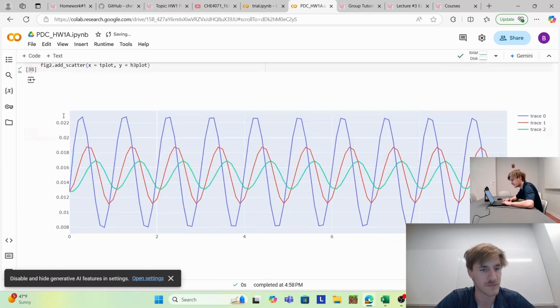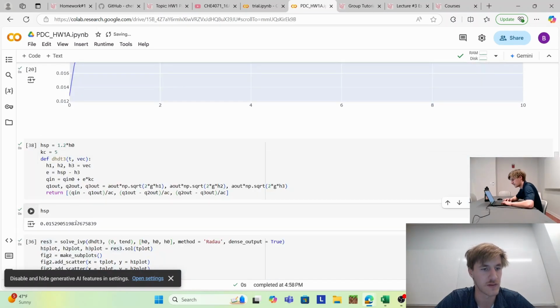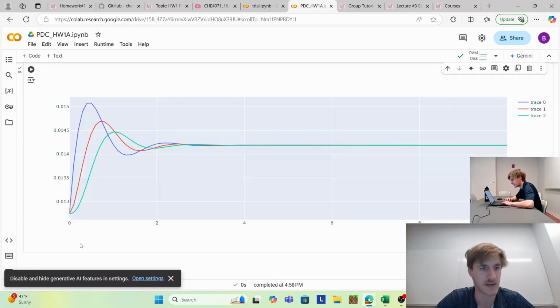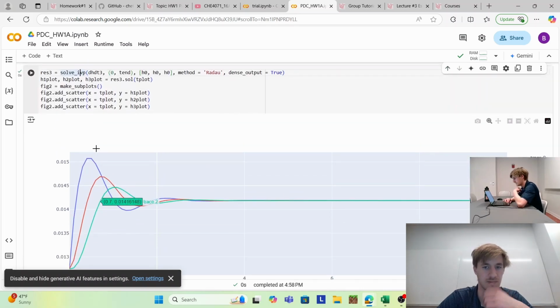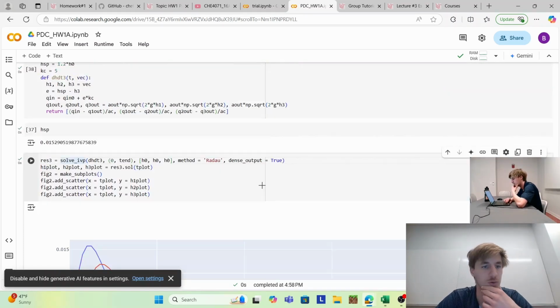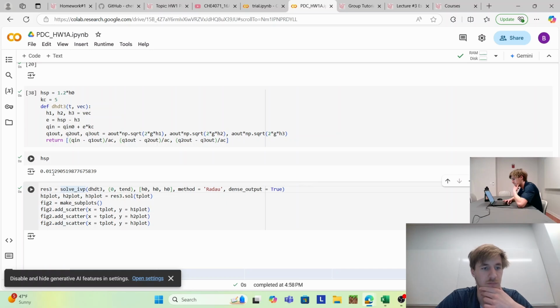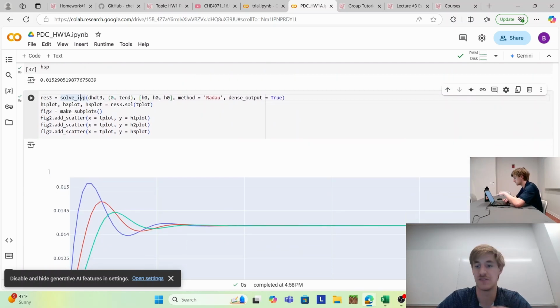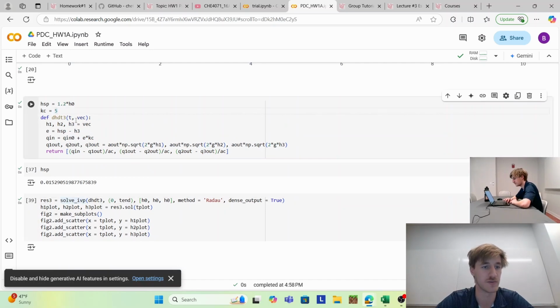I think if we went back down to 5, yeah, it doesn't reach it here. So at some point, 0.0142, which is 0.001 lower than our set point, it goes to steady state, and this controller isn't able to account for that.